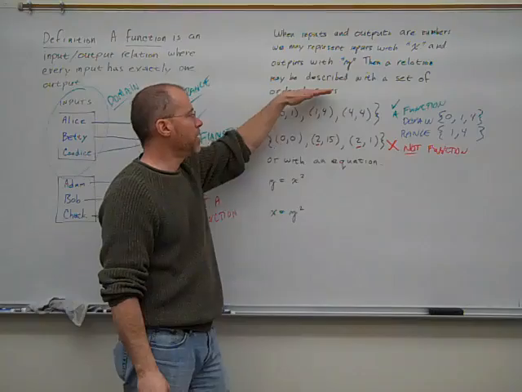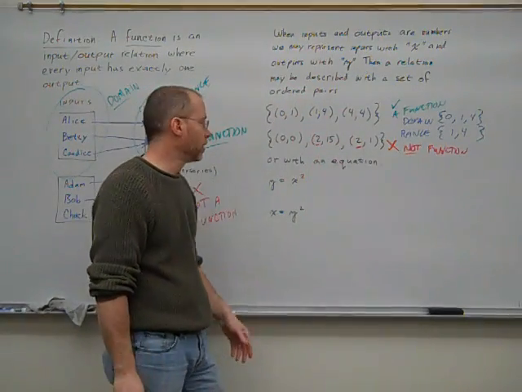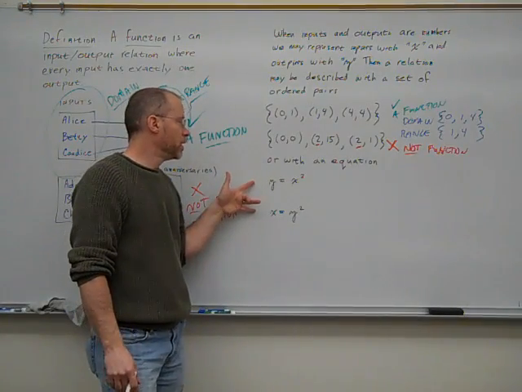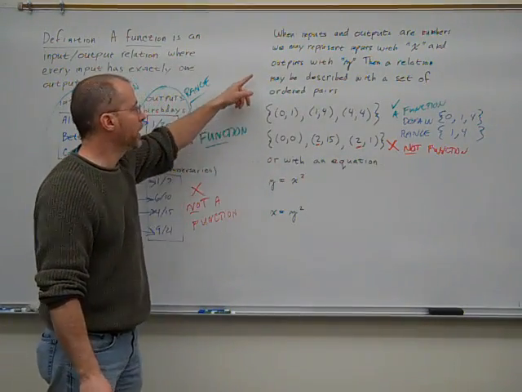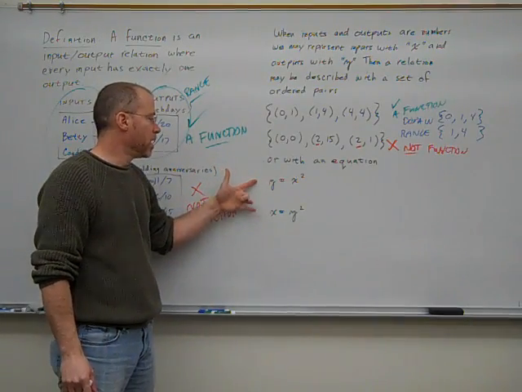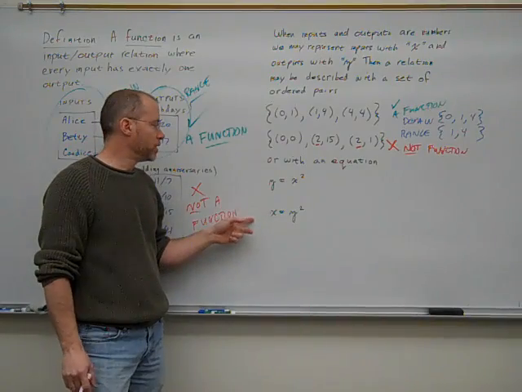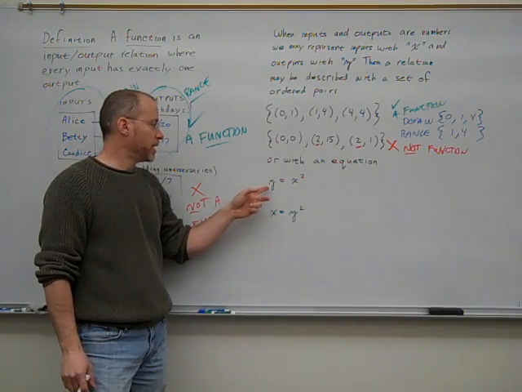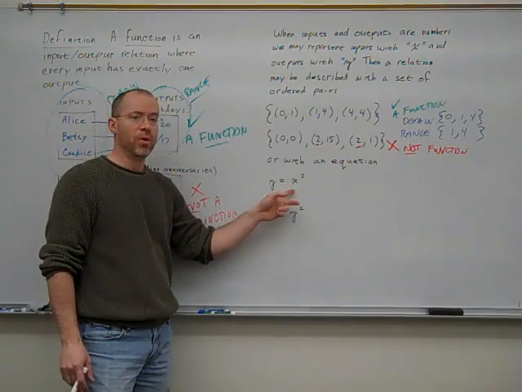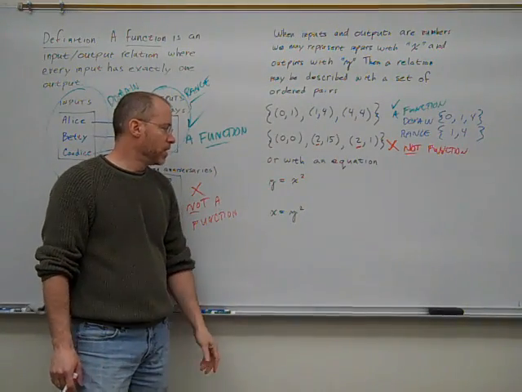In addition to describing functions as sets of ordered pairs, actually most of the time in this class, we're going to look at them using formulas and equations. So a function or a relation can be described with an equation as well. And these two equations describe two different perfectly good relations. I guess in this case, the output y would be found by squaring the input x. And you can think about whether this thing would be a function.